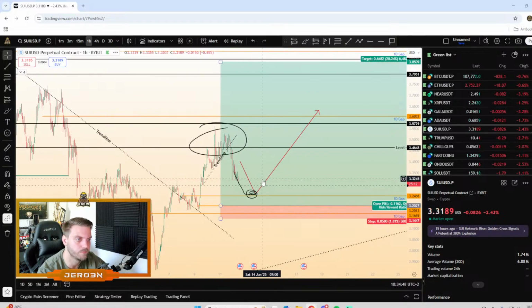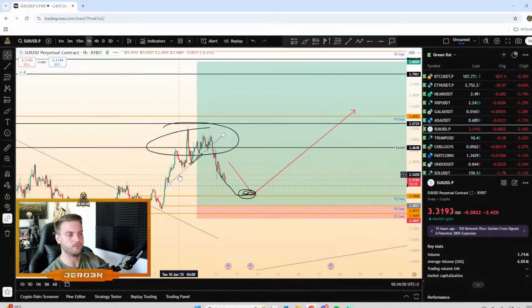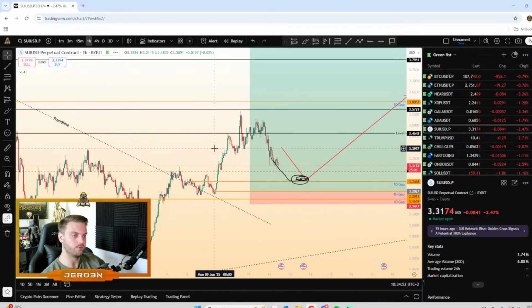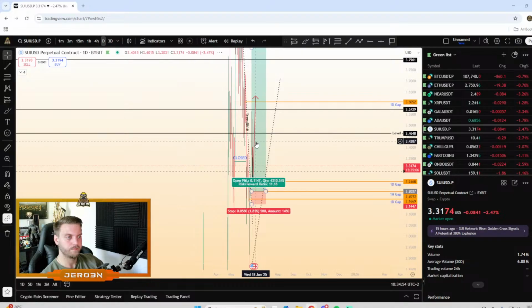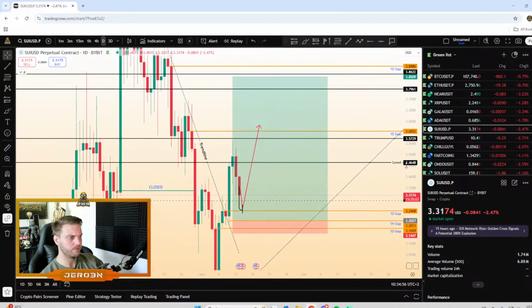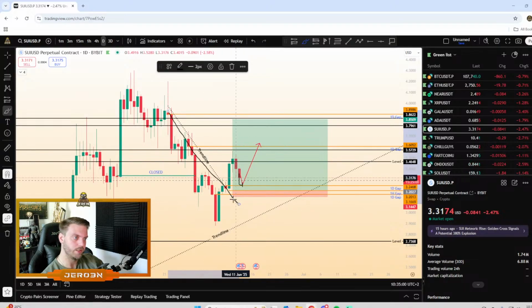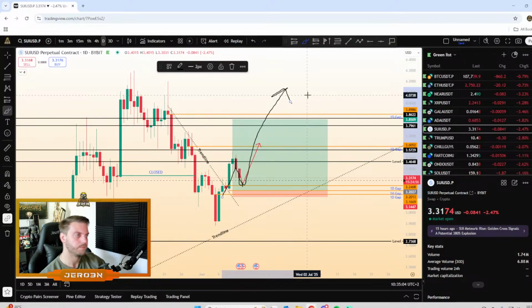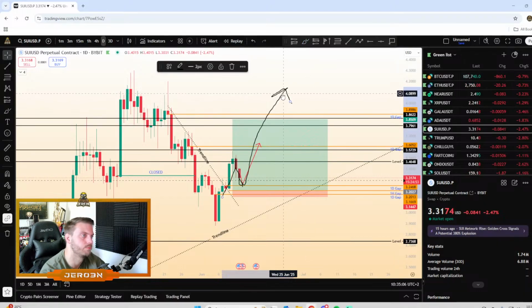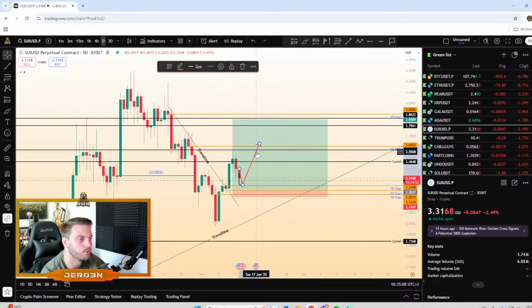That's what we need for price to continue up, because we broke out of the trend line on the daily. Retest happening, continuation up. All right, give us the close there.